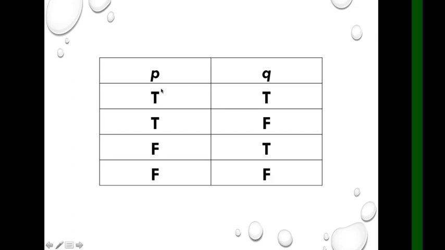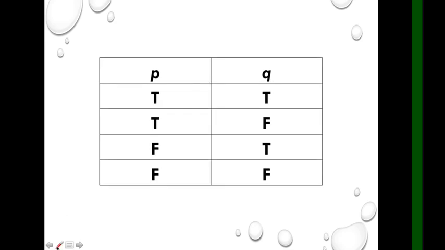Okay, how do we get 4 here? We have the formula 2 raised to n, where n represents the number of propositions. Here we have 2 letters, so n is 2. So we have 2 raised to 2, so we have 4 rows. So 1, 2, 3, and 4 rows.